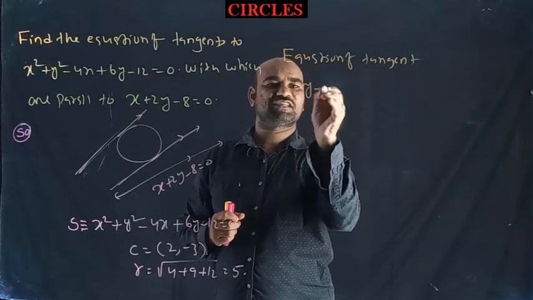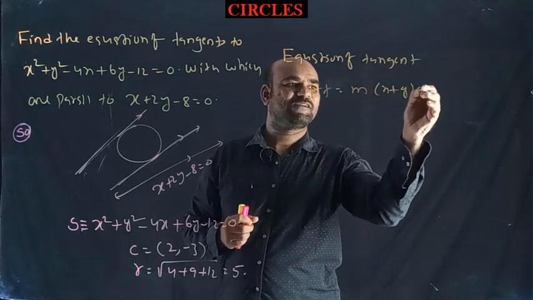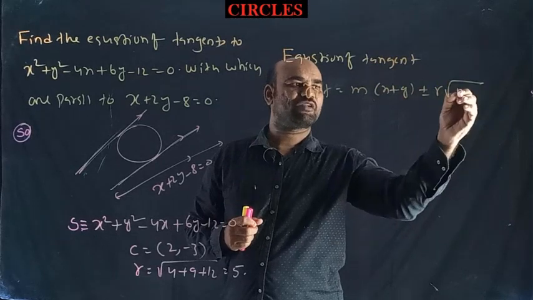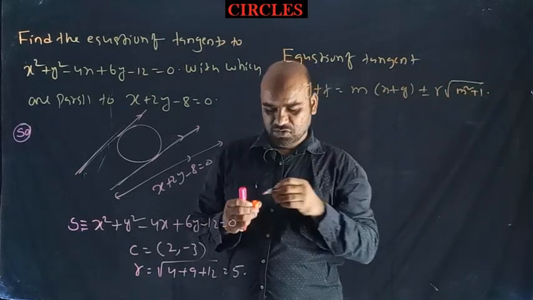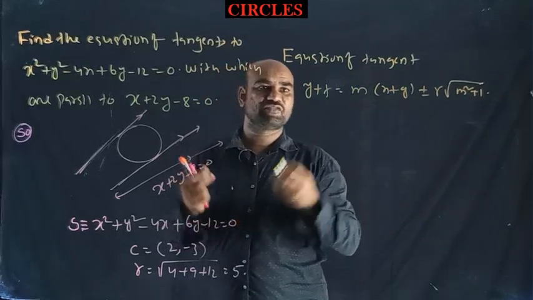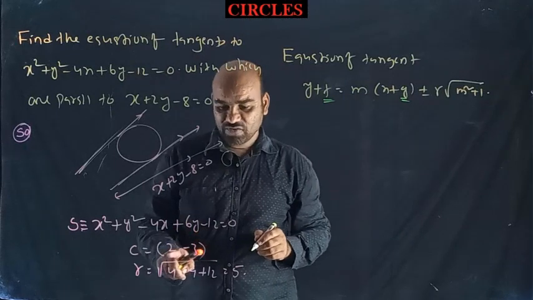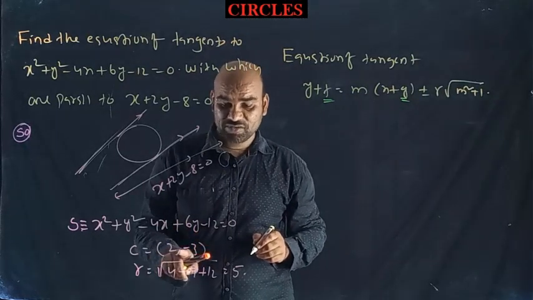y plus f equal to m times of x plus g plus or minus r into root over m square plus 1. Students, very important note: don't confuse this f value and g value. These are not f and g. This is minus f and this is minus g.